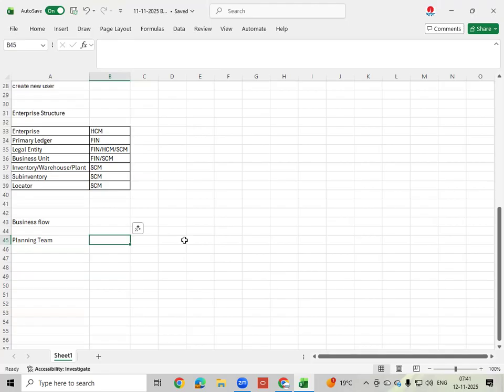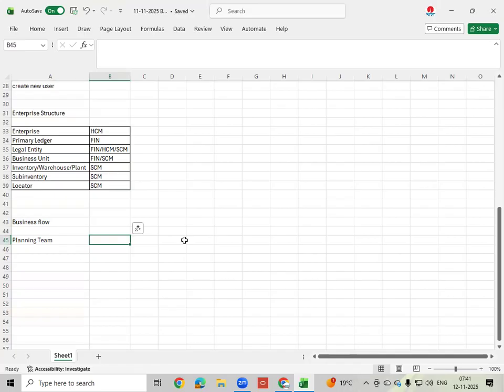But what level of range depends on the business type, industry, how they have expanded. Based on that, we'll decide it. So here, the planning team will calculate the forecasting demand.